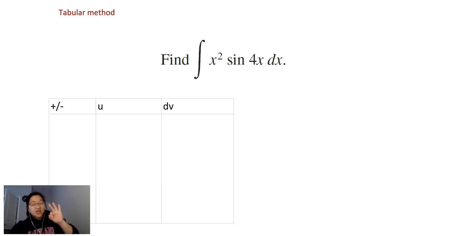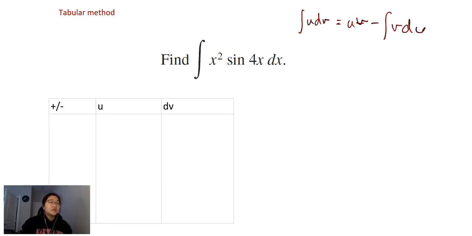So there's 3 columns in this table. We have pluses and minuses because remember that our general form is the integral of u dv equals uv minus the integral of v du. So every time we do integration by parts, we have a sign change, a flip of our sign. So the first column is just changing the signs.